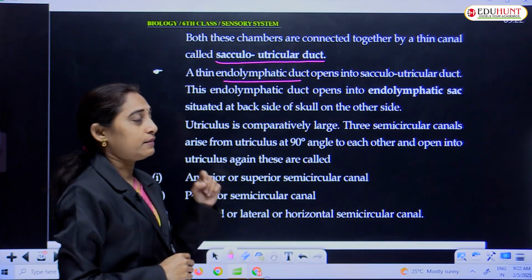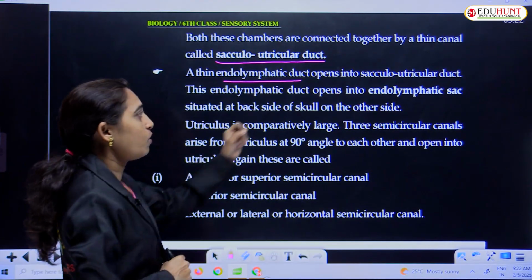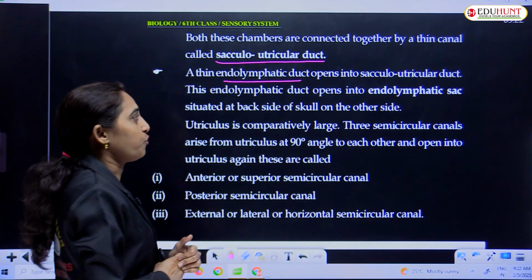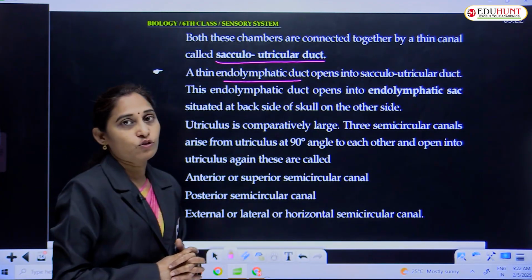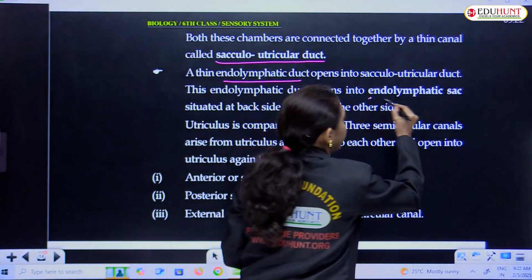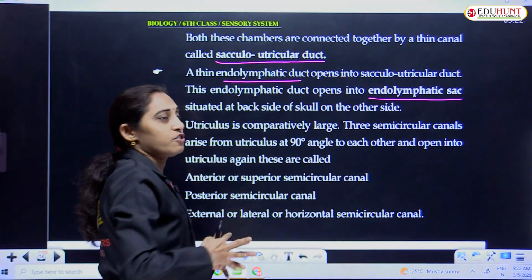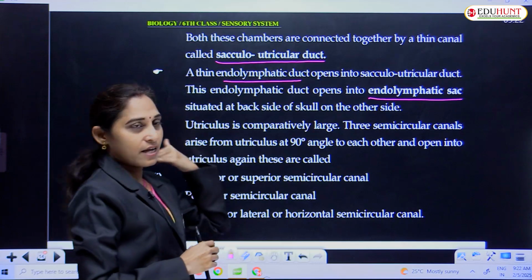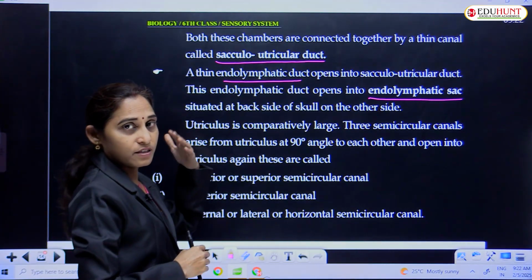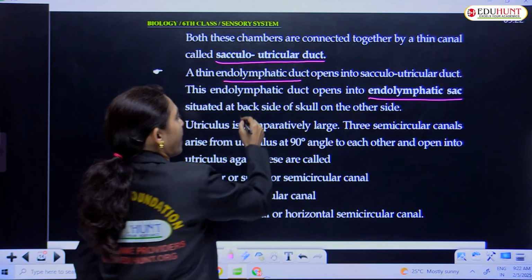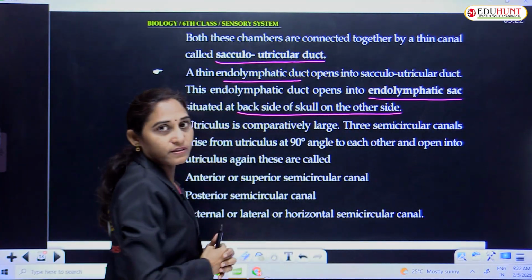A thin tube opens into this duct, and this endolymphatic duct opens into the endolymphatic sac situated at the back side of the skull.